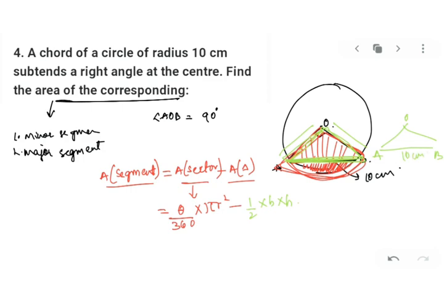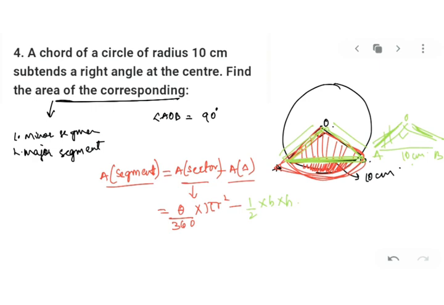That means if this is a hypotenuse, then if you want AO or OB, you can go with sine, perpendicular upon hypotenuse. From there you will get the value of AO, and whatever value you get of AO will be equal to OB because they are the radius of the same circle.